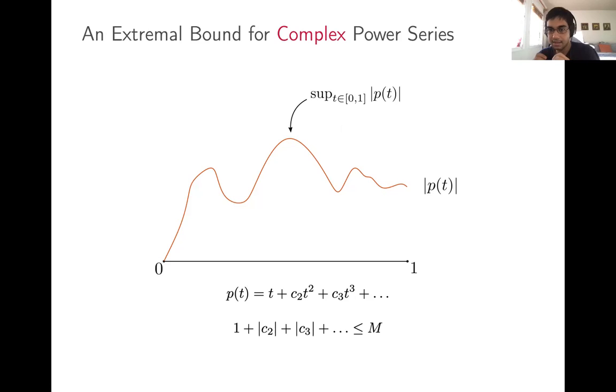And you're interested in the modulus of P of t as t ranges over 0 to 1. In particular, you're interested in the supremum of this modulus over the unit interval. And you've got this additional constraint that the sum of the moduli of the coefficients of this power series P is bounded by m, where m is some number.